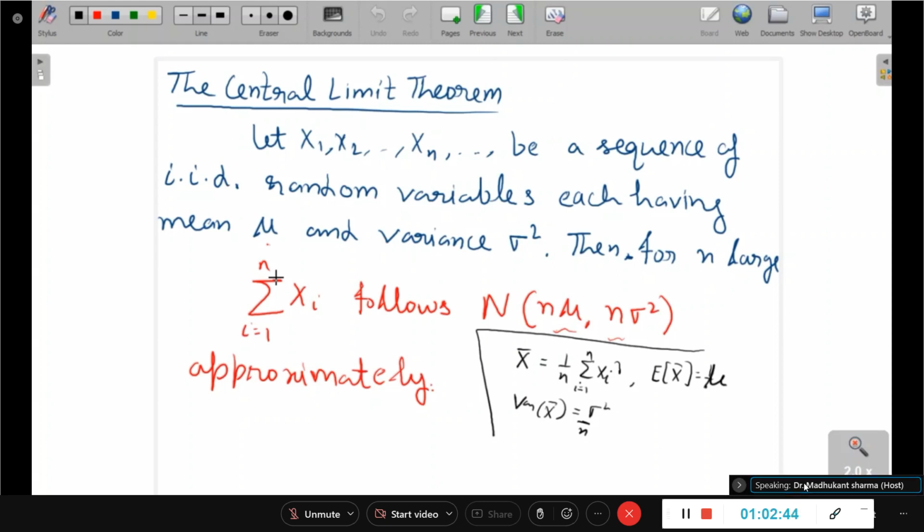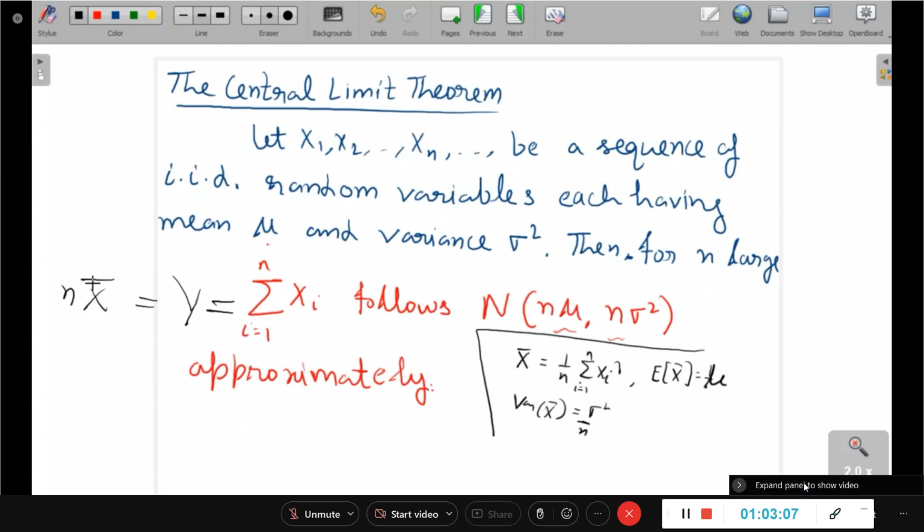So for n large, this new random variable y, equal to the summation of xi, will follow a normal distribution with mean n times mu and variance n sigma square.